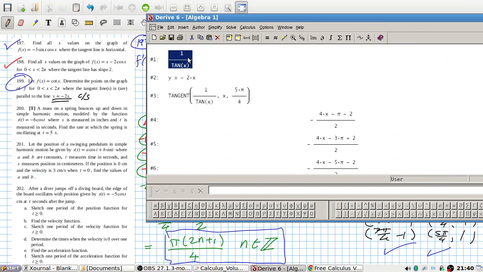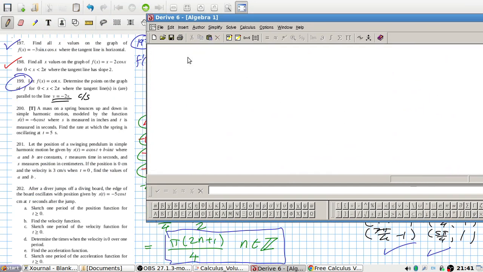Okay, so what have we got going on here? A mass on a spring bounces up and down according to this function, minus 6 cos t, where s is measured in inches and t is measured in seconds. Find the rate of oscillation at 5 seconds.